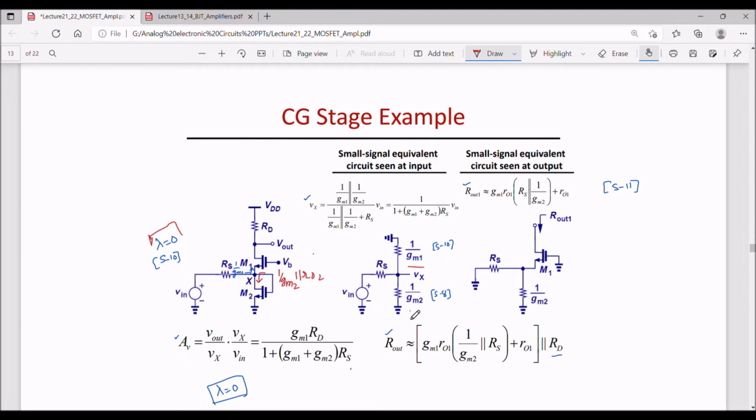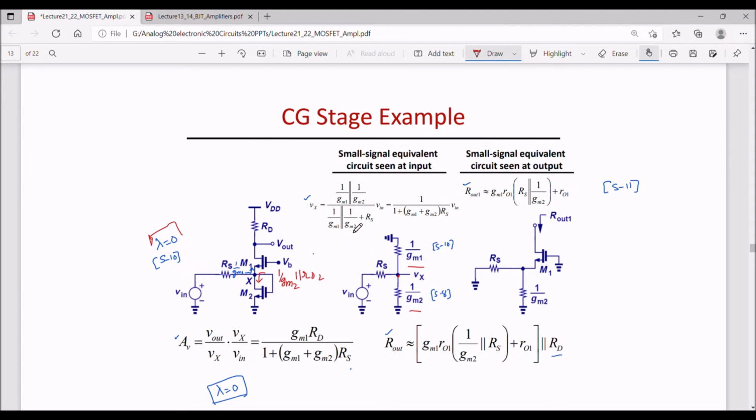So 1 by Gm1 looking into the source of M1, and 1 by Gm2 looking into the drain of M2. One can again draw the small signal equivalent circuit seen at the input, that is on the source side, which would be this circuit. Now in this circuit one can find out Vx by Vin, using the voltage divider. Vx would be equal to 1 by Gm1 parallel to 1 by Gm2 multiplied by Vin, divided by the parallel combination of these two plus Rs.